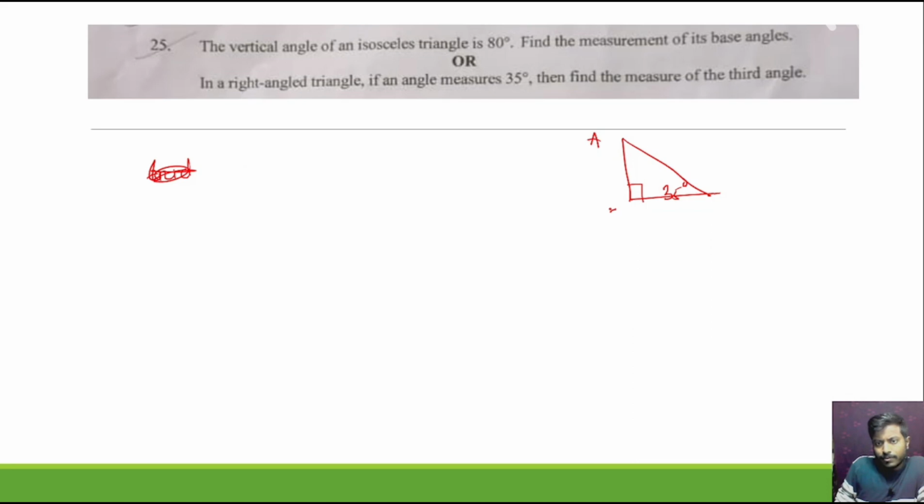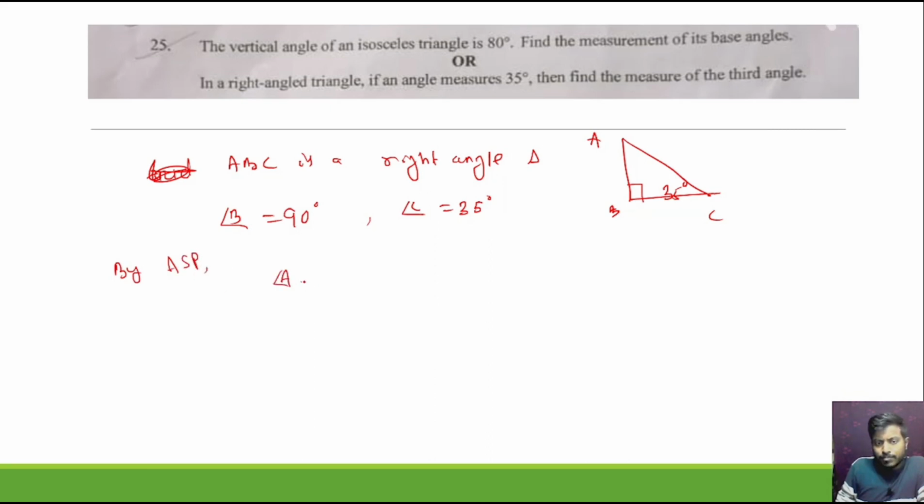ABC is a right angle triangle. Here angle B equals 90 degrees, angle C equals 35 degrees. By the angle sum property, we can write angle A plus angle B plus angle C is equal to 180 degrees.